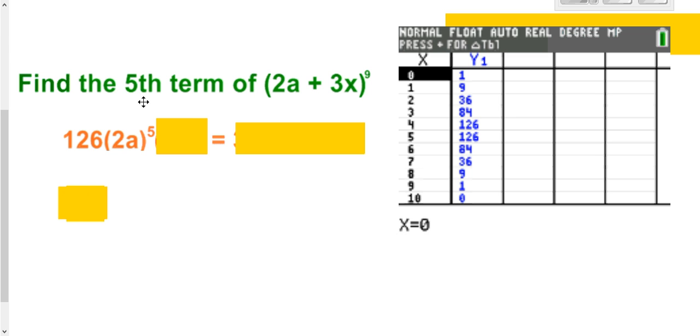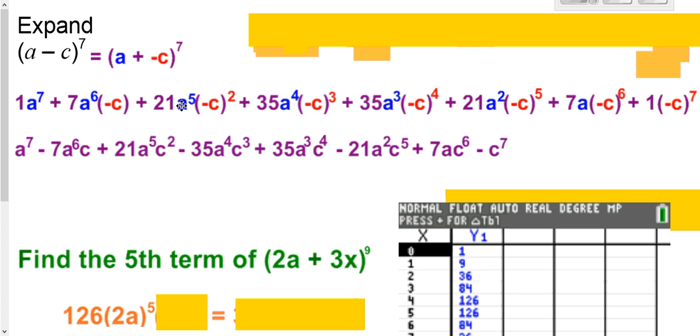Does the fifth term always match up with the exponent here? Not necessarily, so just be careful with that. Do not make that assumption. Now, when you looked up here, the exponent of 5 and the exponent of 2 add together to give you 7. Exponent of 4, exponent of 3 add together to give you 7.